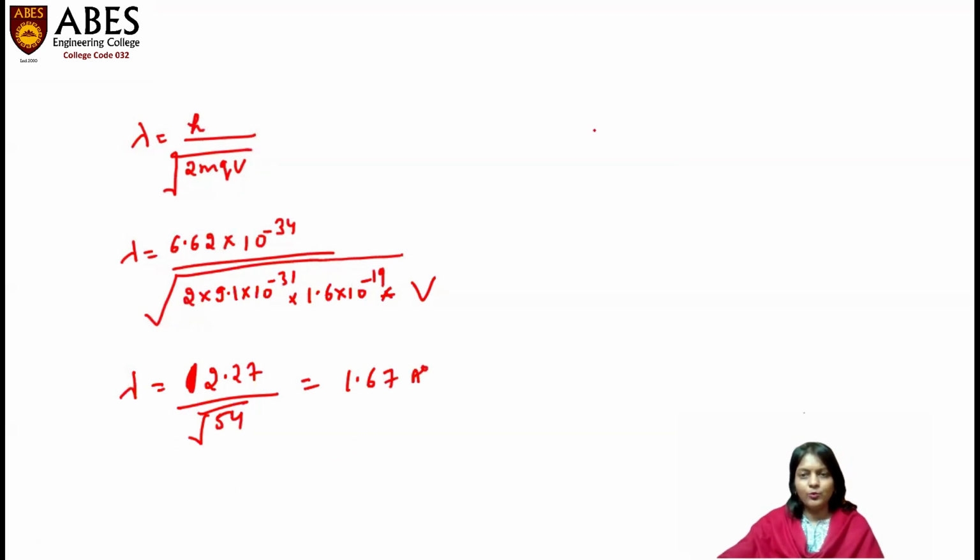So lambda calculated by the wave nature is 1.65 angstrom, and lambda calculated by the particle nature is 1.67 angstrom.